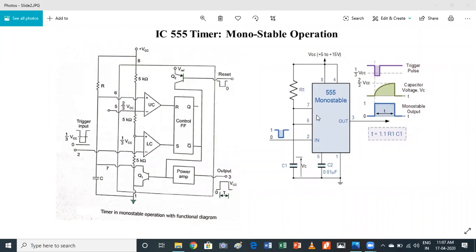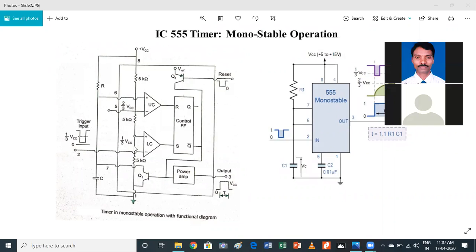So let's see the operation of the monostable mode. So this is the monostable mode operation circuit with the internal function blocks.